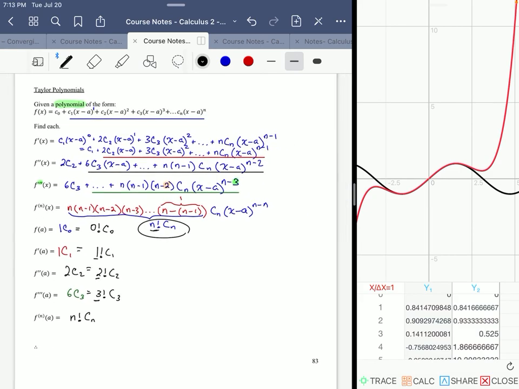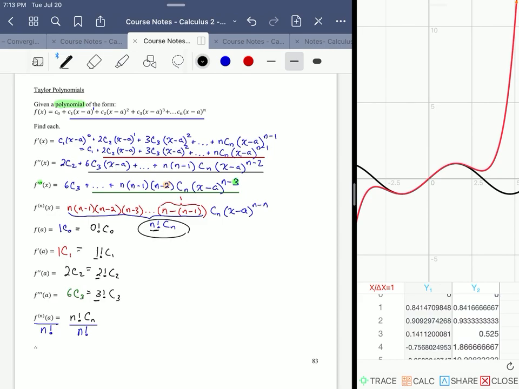All right, so now what we can do, if we look at this and say, well, if I need to figure out a coefficient, so if I take this and divide it by n factorial, I've now discovered a relation that will allow me to determine some coefficient of the expression.